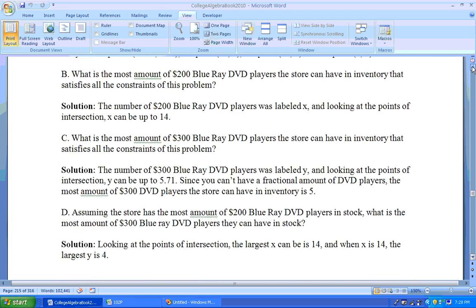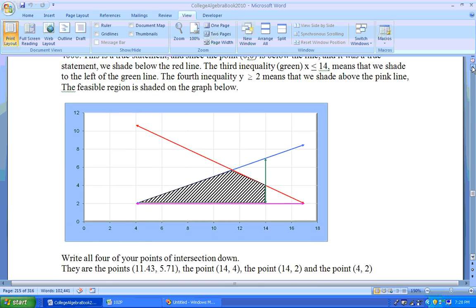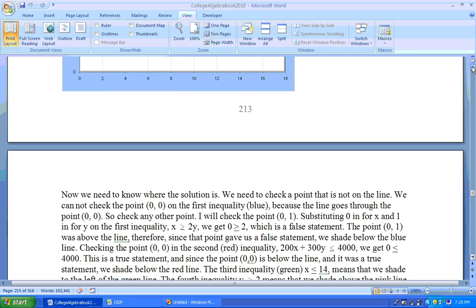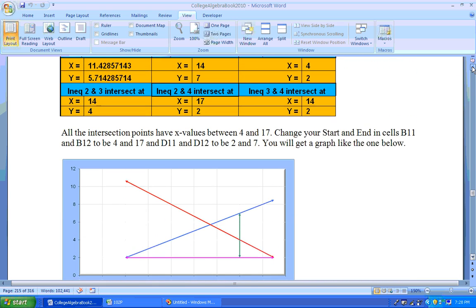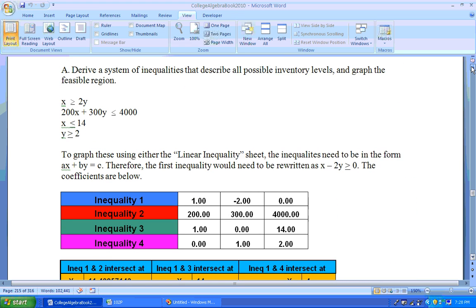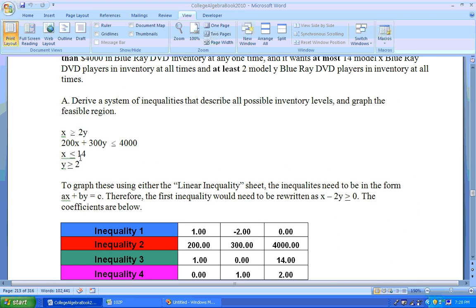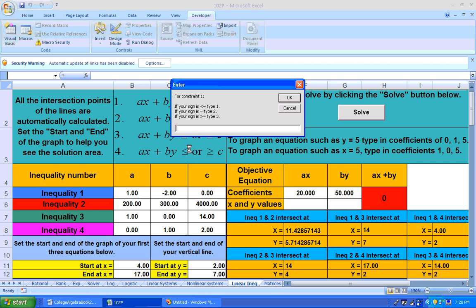First inequality sign was a greater than. So it was greater than, then a less than, a less than, a greater than. So let's go ahead and put them in there. It was a greater than, so that's choice 3. Then a less than is choice 1. Then a less than, then a greater than.